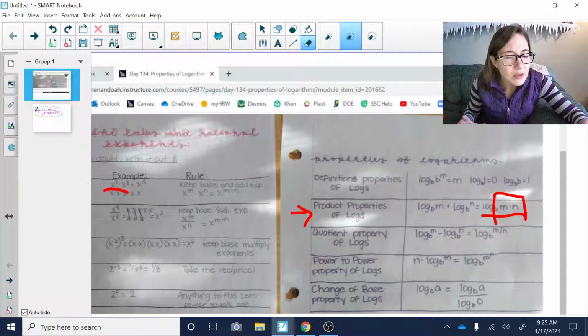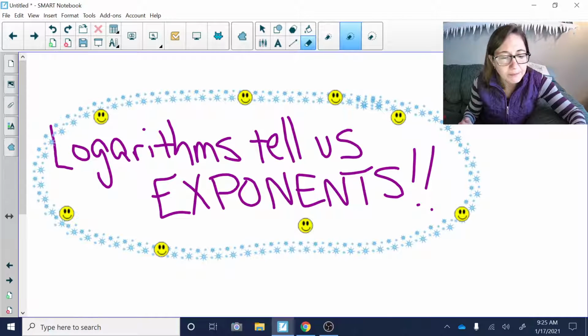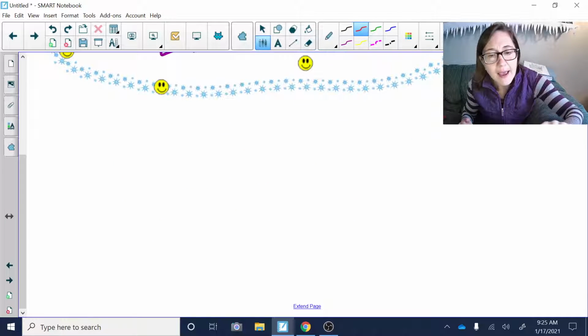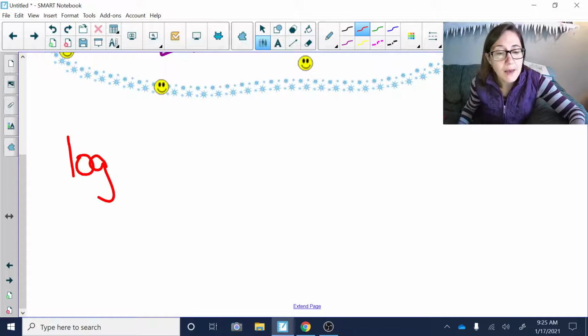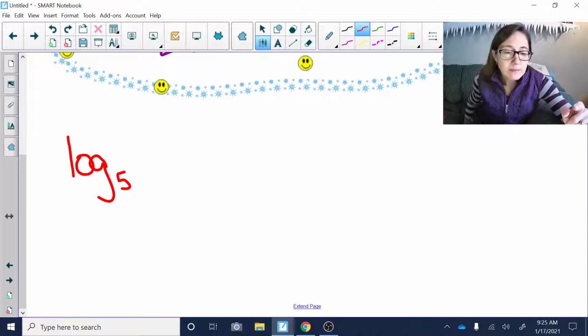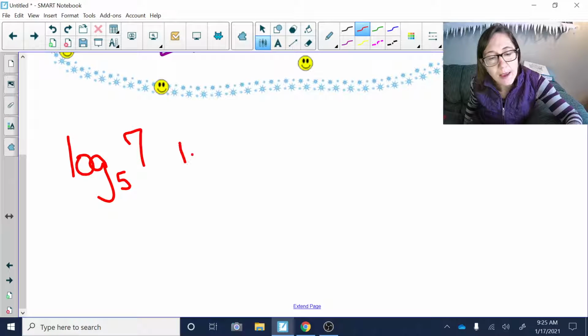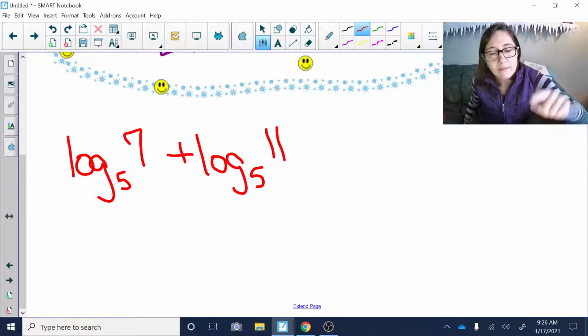Let's go ahead and do an example of that right now while we're thinking of it. So let's say I have log base 5 of 7, and I'm adding log base 5 of 11.